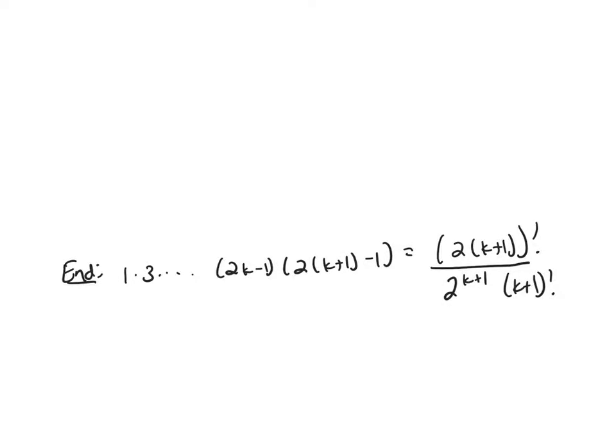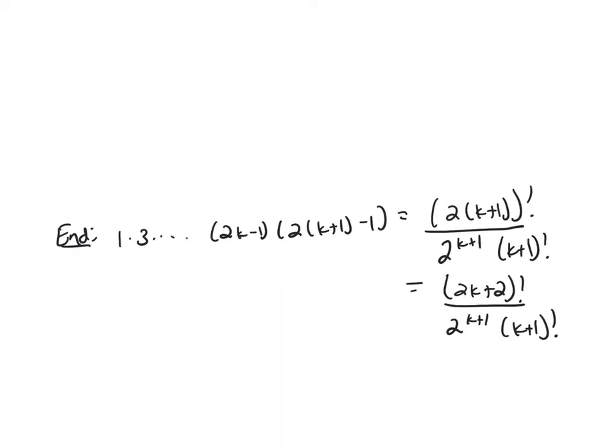So here in the numerator, if I simplify, you're getting 2k plus 2 factorial over 2 to the k plus 1 times k plus 1 factorial. So here we need to show that these two things are equal.